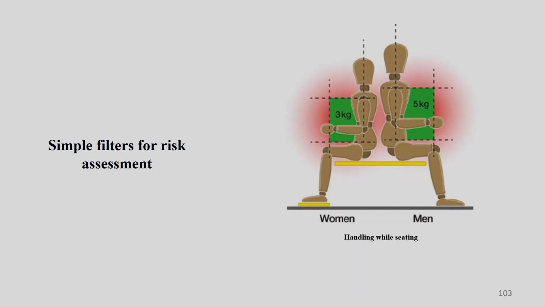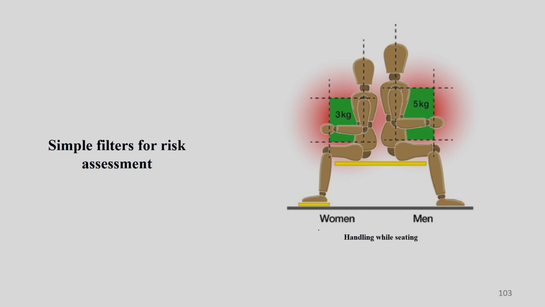Now this is for when you are handling some kind of load while doing a sitting job. Here again there is a limit for women and for men, and you can see the load weight is very different depending on gender. So this is one of the factors you can use as a filter while handling material in a sitting condition.